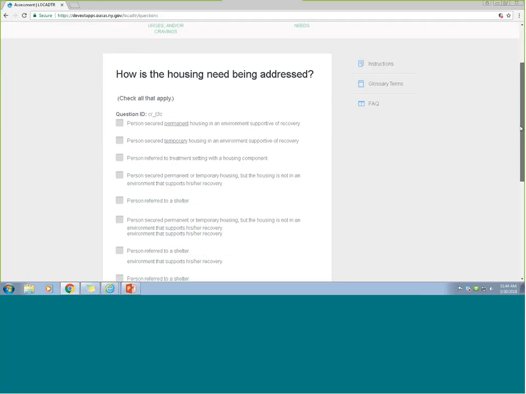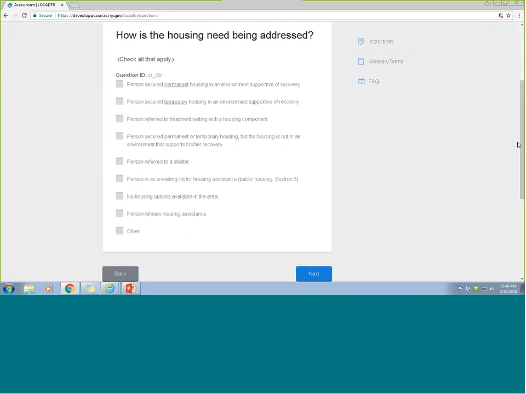And then we ask how the housing need is being addressed. So you can see from this list that there are a number of options. We look at both permanent housing that's supportive of recovery as well as temporary housing. We also recognize that folks may move on to another treatment setting that provides housing.